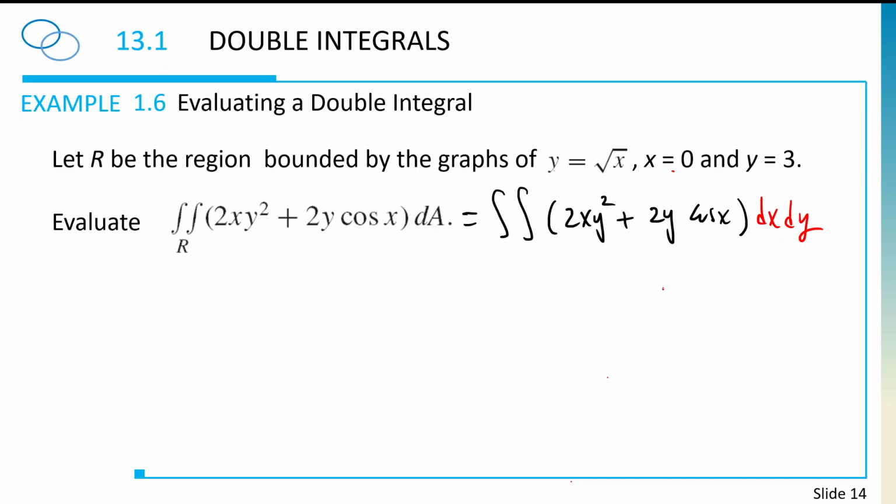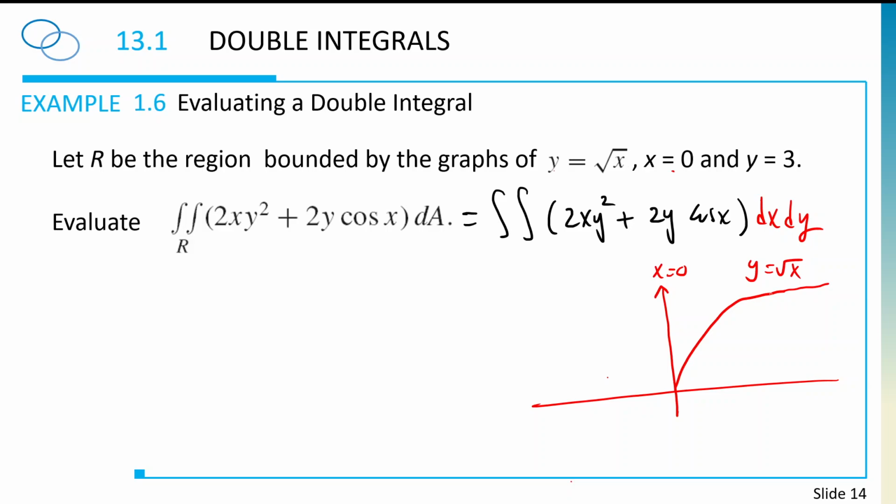So if I think about the graph of this function, this is square root of x. It looks something like this. And I have x equals to 0. This is x equals to 0. And this is square root of x. And I have y equals to 3. Where's y equals to 3?